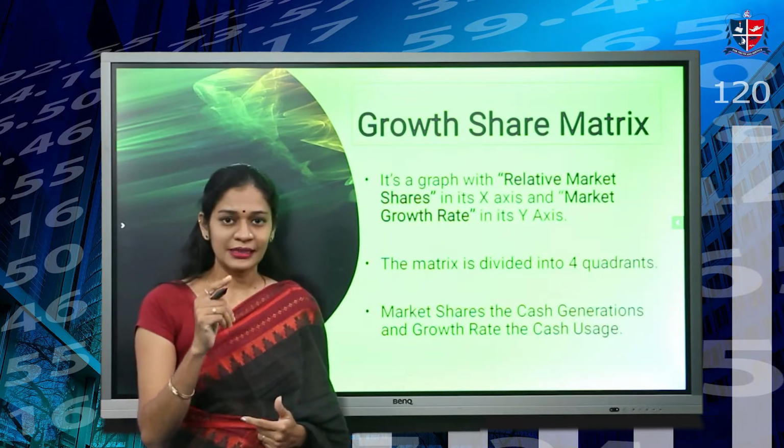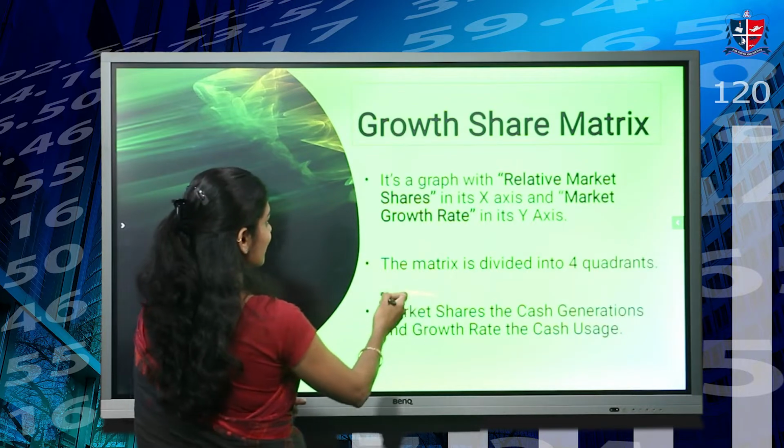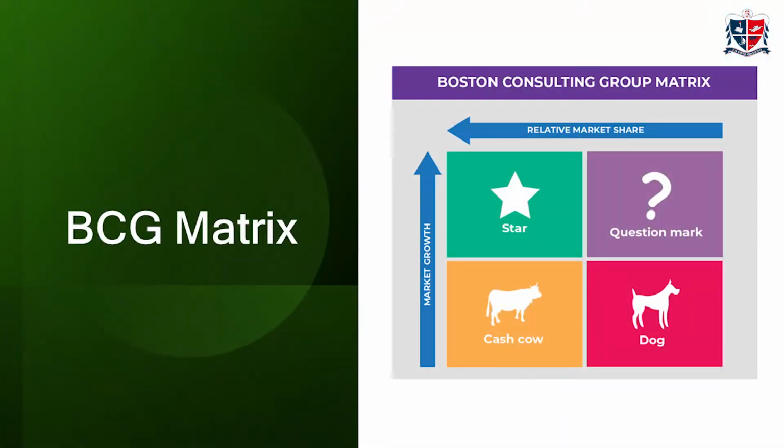So considering this, I'll tell you what the BCG matrix is. It is a graph. See, this is the diagram of the BCG matrix. It is a graph with the y-axis representing the market growth and the x-axis representing the relative market share.